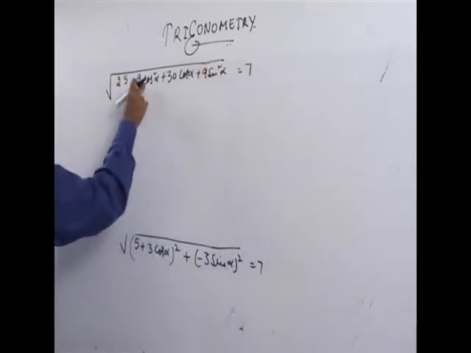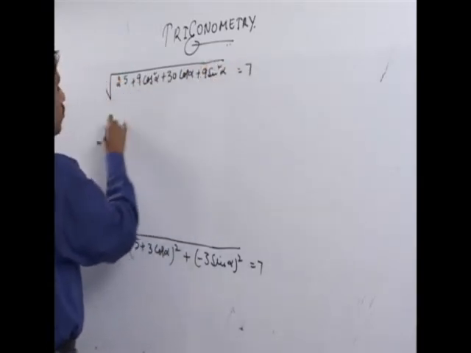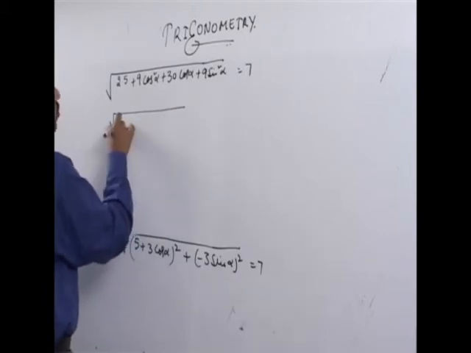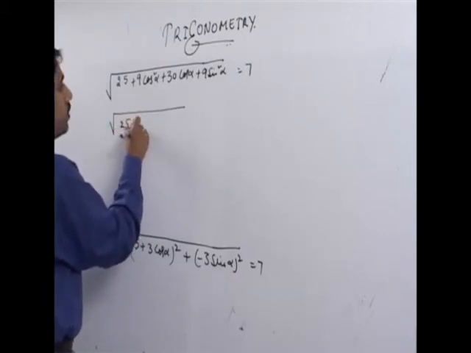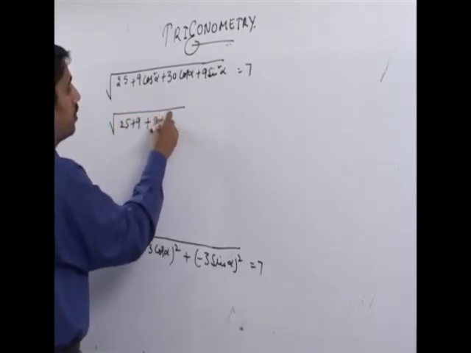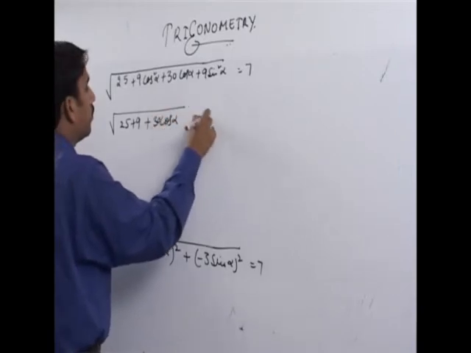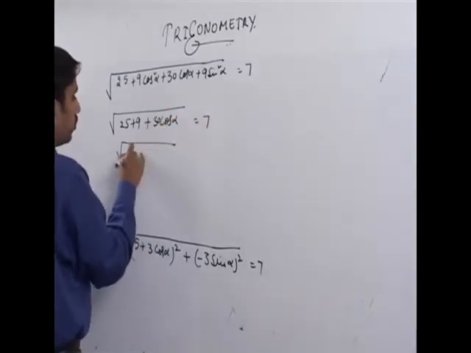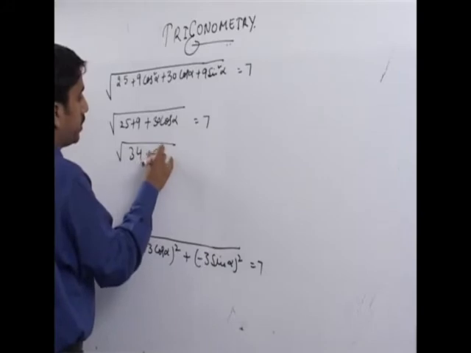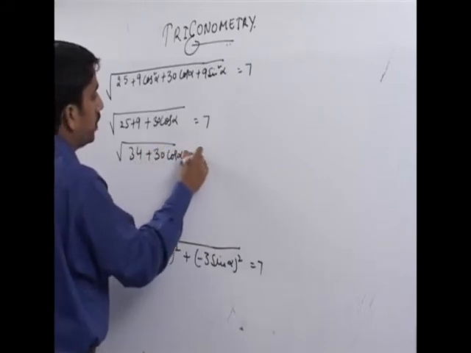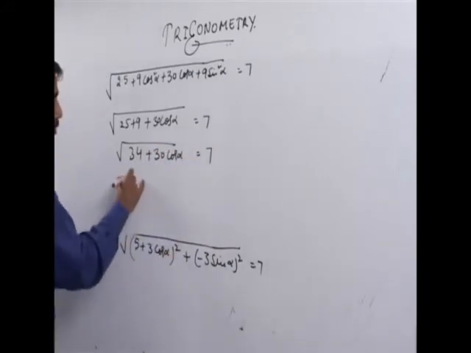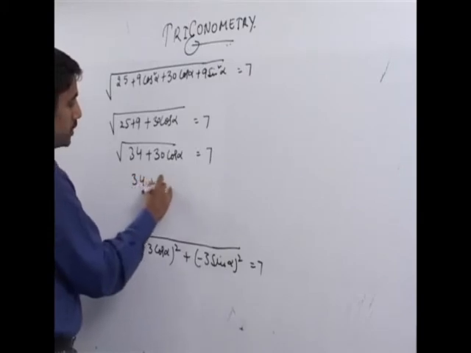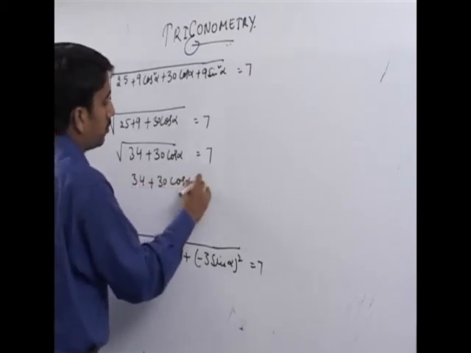Now taking 9 common here, sin square alpha plus cos square alpha is 1. So you will get 25 plus 9 plus 30 cos alpha under the root is equal to 7. That means 34 plus 30 cos alpha under the root is equal to 7. Now squaring both sides, you will get 34 plus 30 cos alpha is equal to 49.